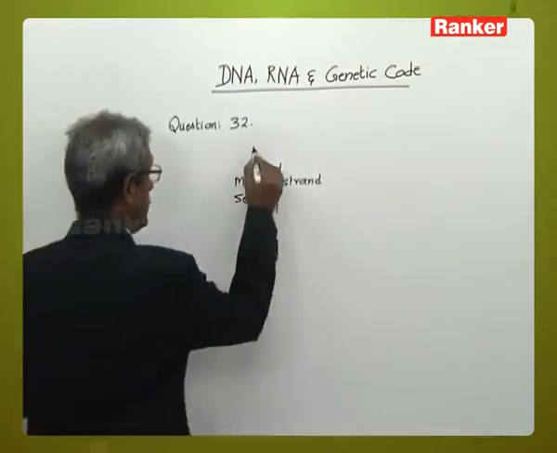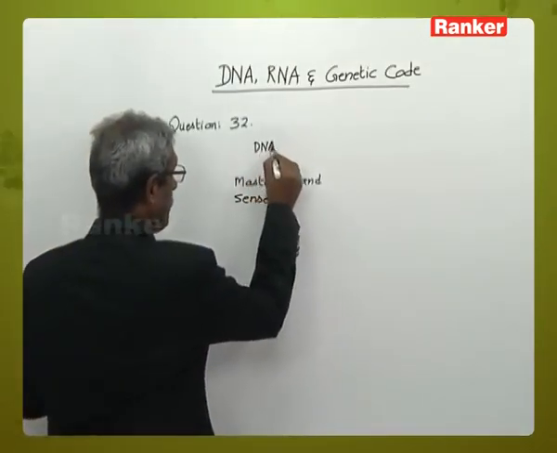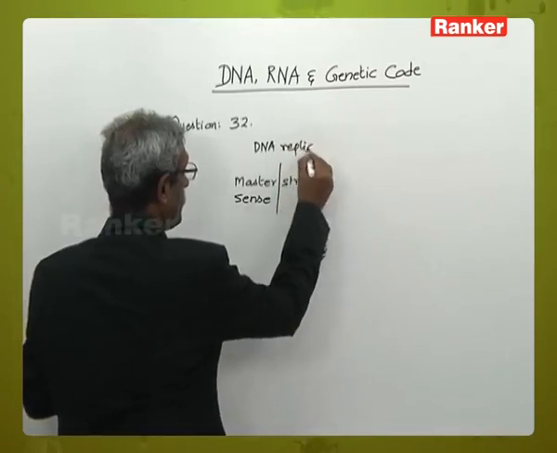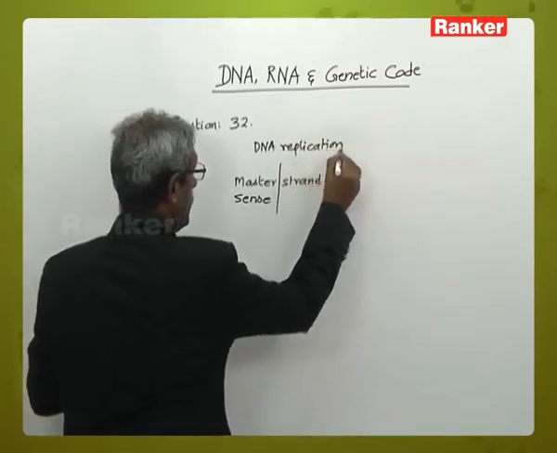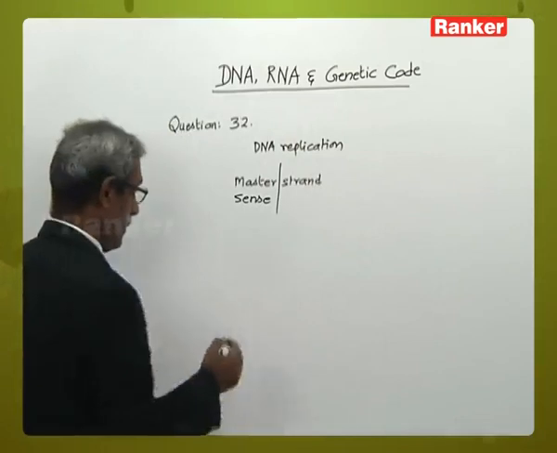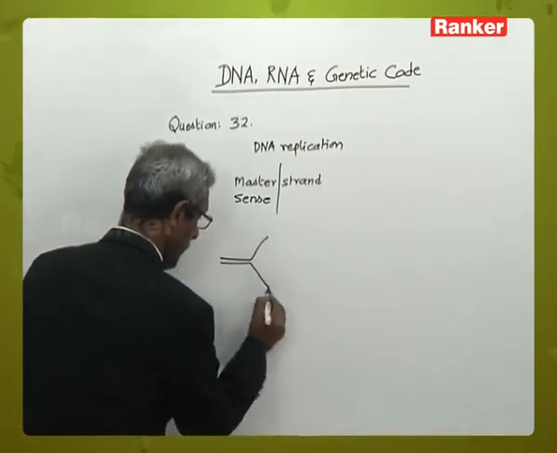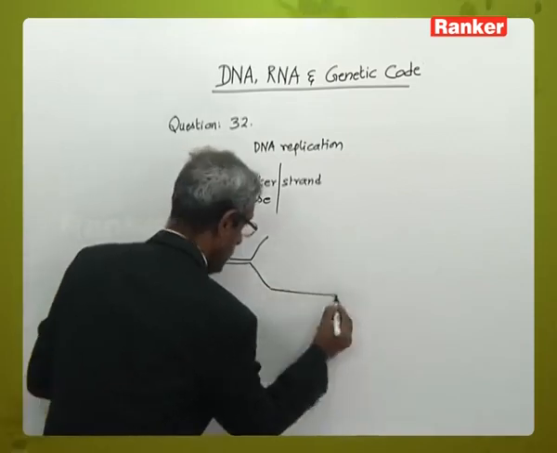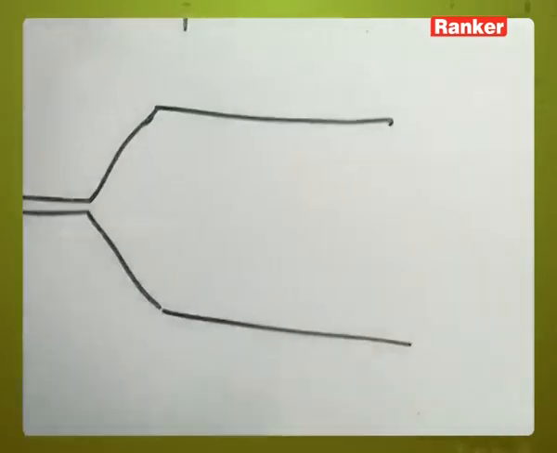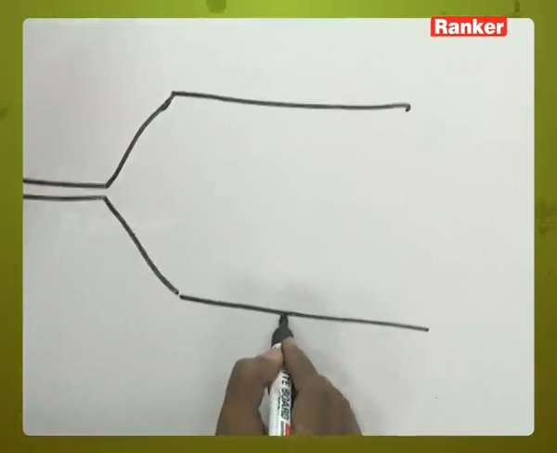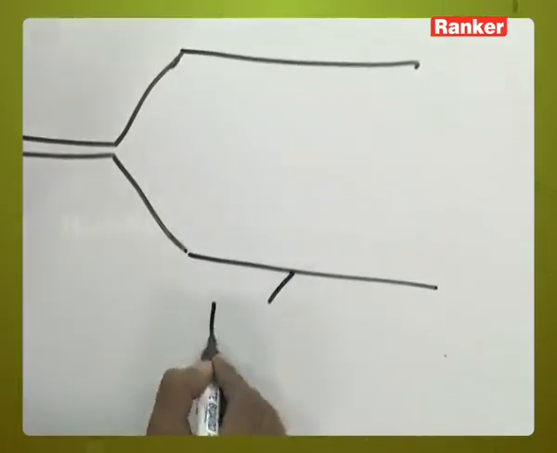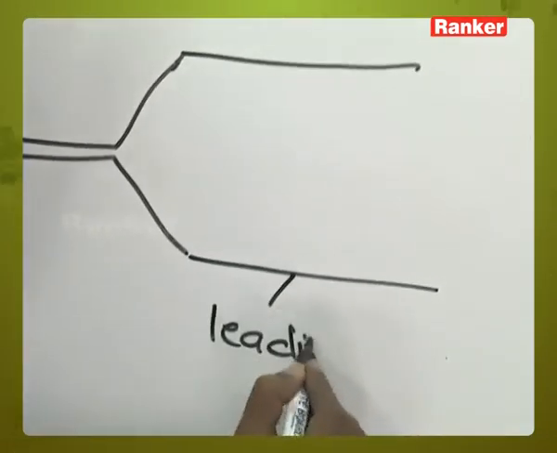During DNA replication, we have the replication fork, and we have the separation of both the strands. The first strand which gets formed is termed as the leading strand.